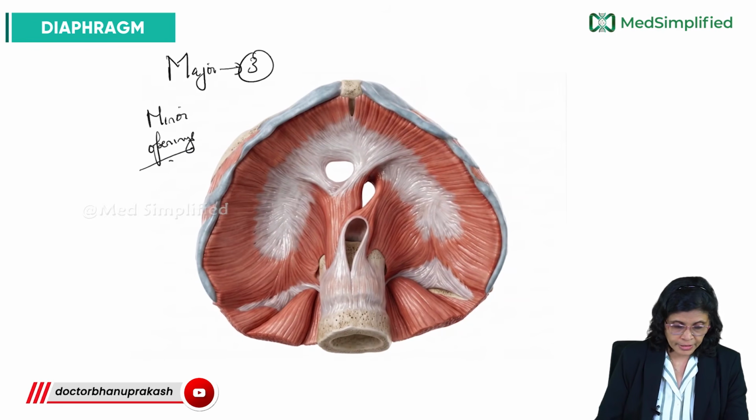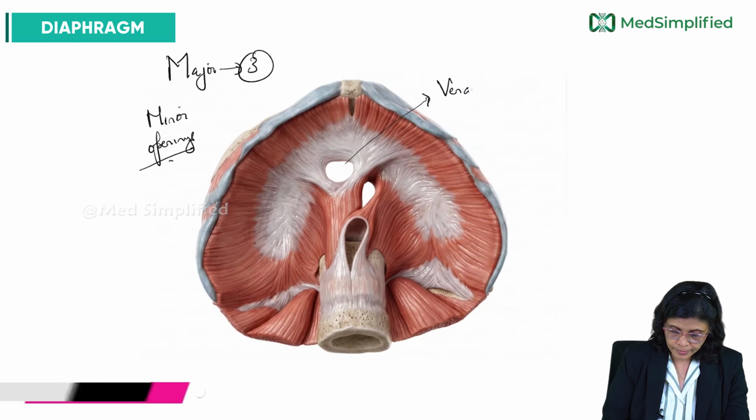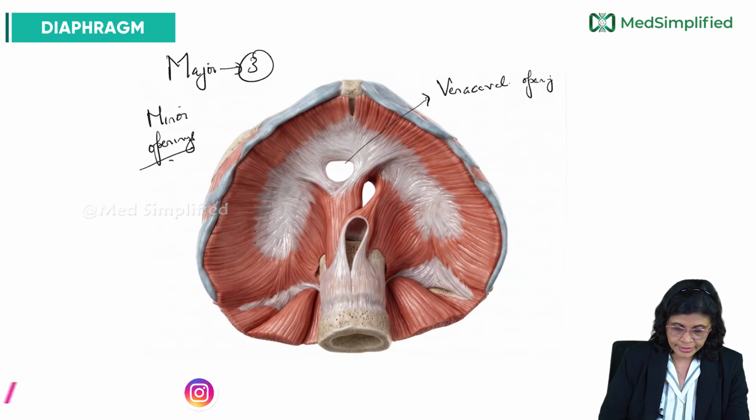First is the vena cava opening. This opening is located in the central tendon. The shape is quadrangular, like a square.